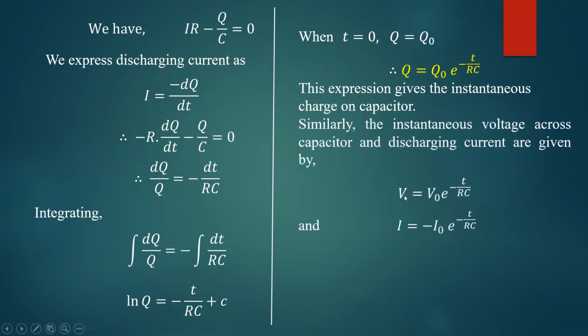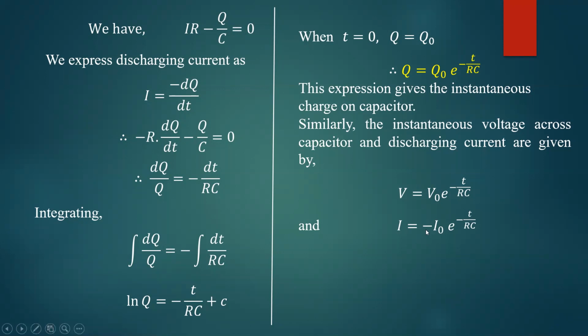Similarly, the instantaneous voltage is also going to decrease, and that is given by v equal to v naught into e to the power minus t by RC. Simply divide this equation by c, and you will get v is equal to v naught into e to the power minus t by RC. No need to give much importance here. And current I will be equal to minus I naught into e to the power minus t by RC.